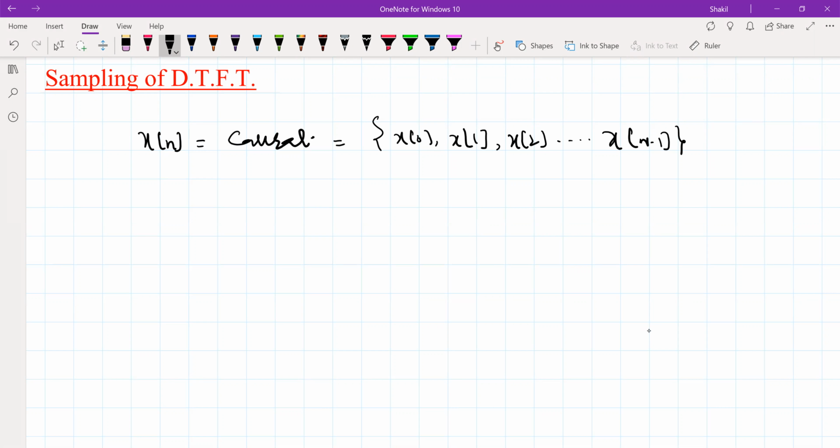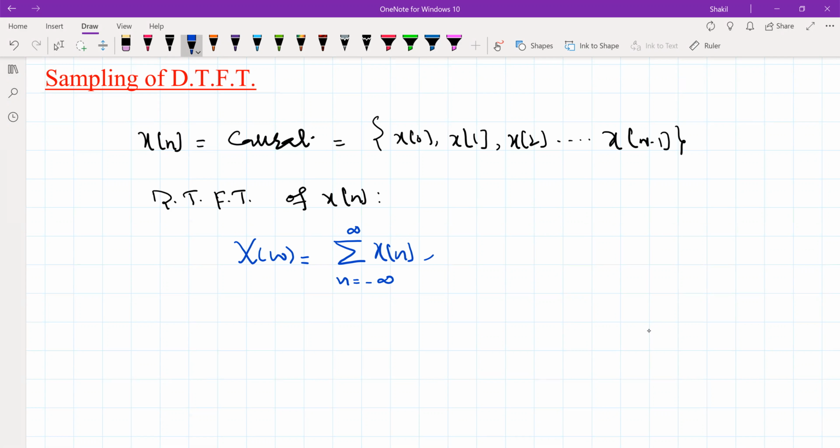Now we know that the DTFT of this sequence, so the discrete time Fourier transform of x of n, is given by X of omega equal to summation n running from minus infinity to infinity x of n e raised to power minus j omega n.